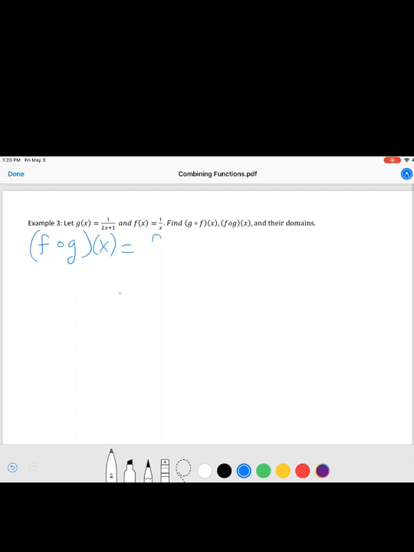And so that means I'm going to take the entire function g of x and plug it into f. So if I take this whole function g of x, I'm going to plug it into that x. So I'm going to have 1 over 2x plus 1. So this was my g of x that I plugged in.